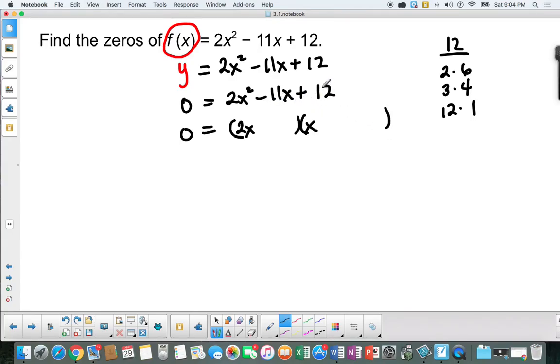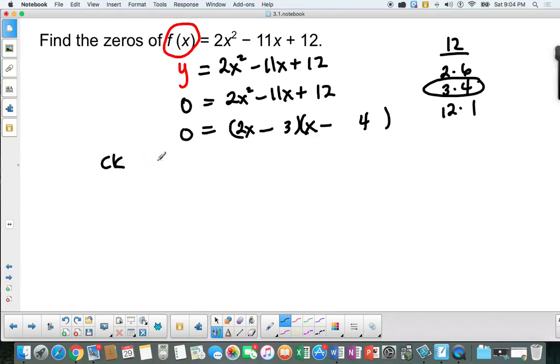I know both of these terms are going to be negative, because the last term is positive and the outer and inner are negative. If I put 4 here, I'm going to create an 8x, and here I'm going to create a 3x.